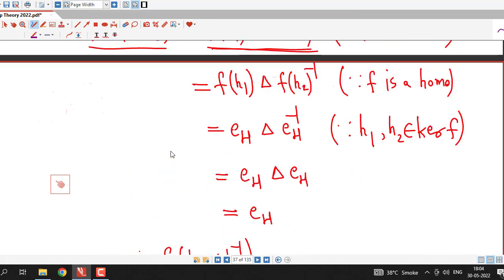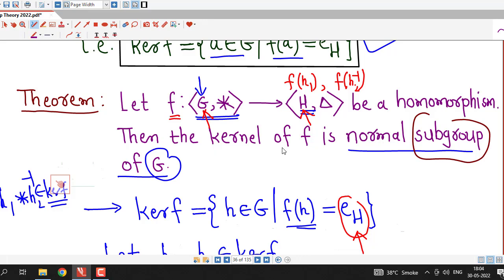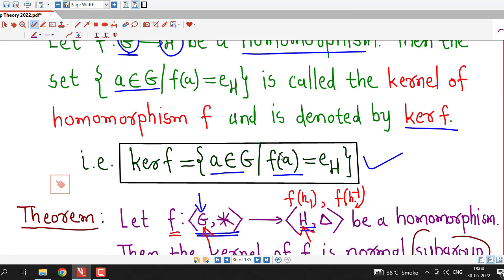So in this way I can prove that kernel of F is a normal subgroup, and we will remember this definition also, that kernel of F is a subset of the domain of homomorphism, and it is the collection of those elements of G which are mapped into the identity element of codomain, which is H here.